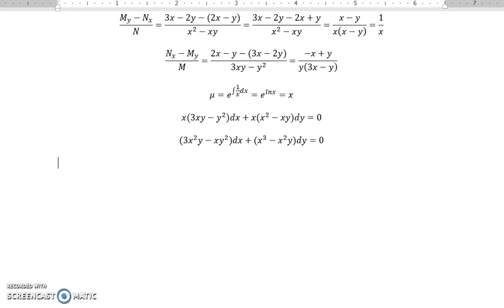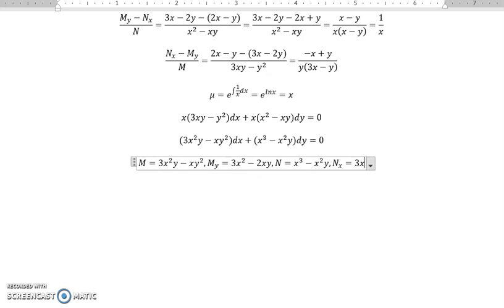So now we're going to check. M is equal to 3x squared y minus xy squared, and then we're going to take the derivative with respect to y. So the derivative with respect to y is going to be 3x squared minus 2xy. And then we're going to take our N function, x cubed minus x squared y, and take the derivative of that with respect to x.